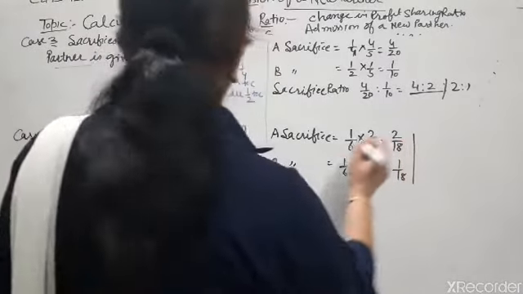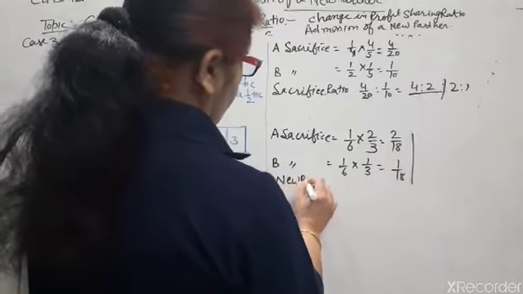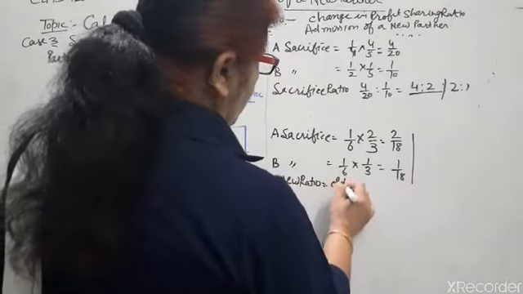And now we calculate the new ratio by subtracting the sacrifice ratio from the old ratio.